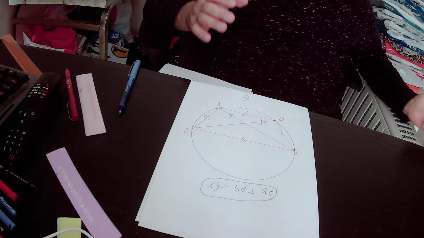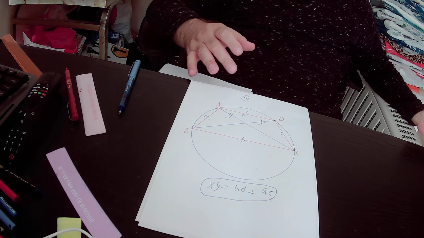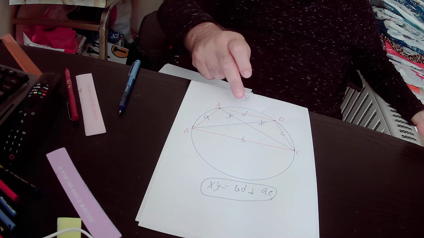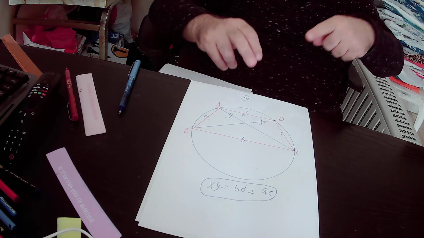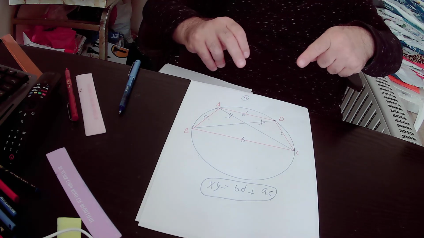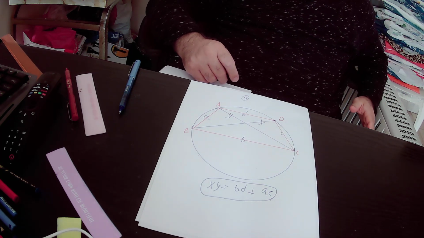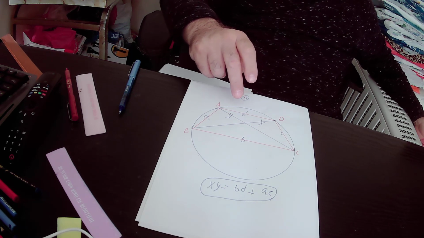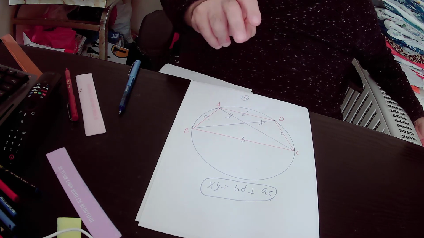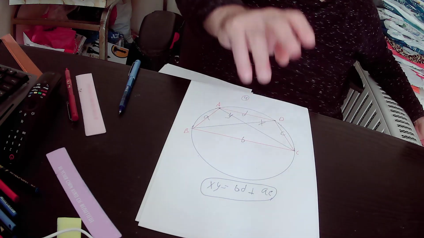And according to rule number 2, the product of its diagonals, that is x times y, equals the sum of the products of its opposite sides. And the sum of the products of its opposite sides is actually BD plus AC. So in total, x times y, the product of its diagonals, equals the sum of the products of its opposite sides, equals BD plus AC.